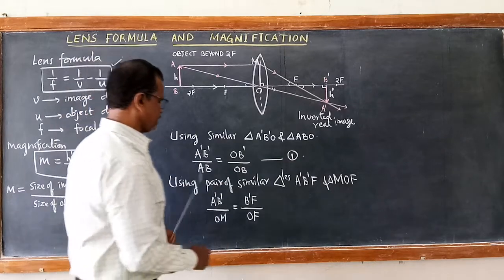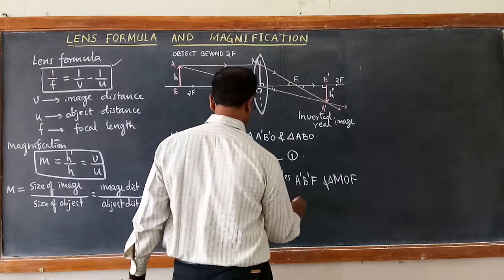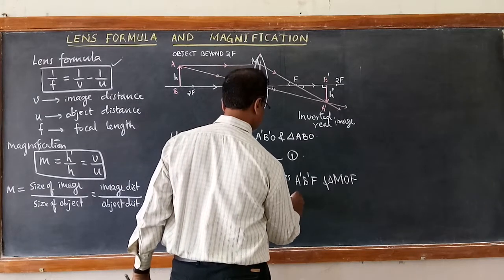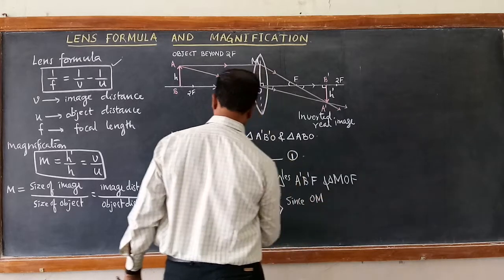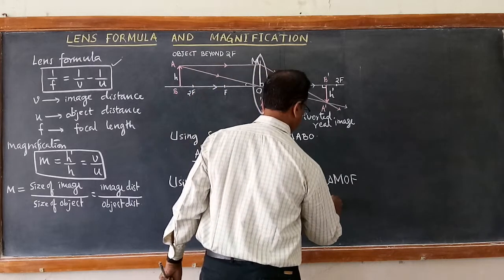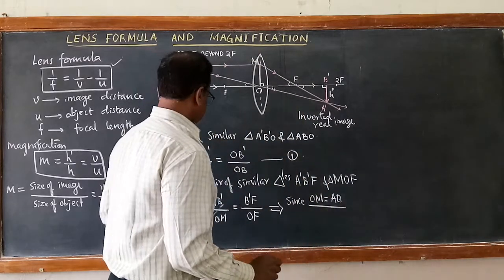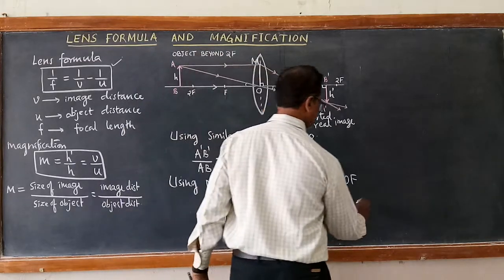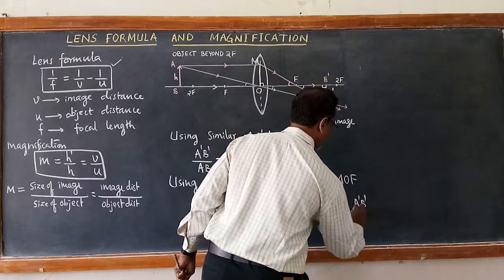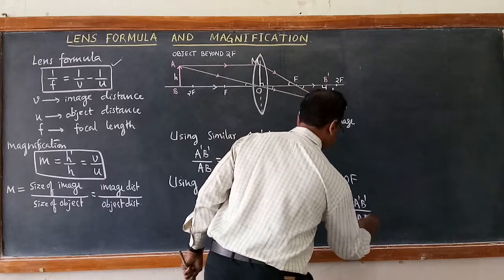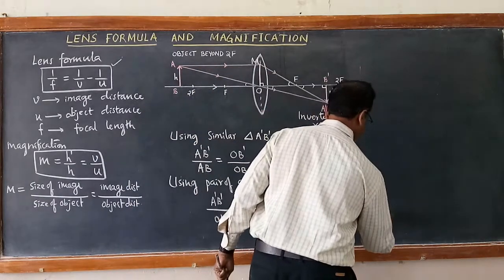So in the next line I can write, this implies, since OM is equal to AB, I will write the same ratio as A'B' by AB. I am replacing OM by AB, that's it, equal to B'F.